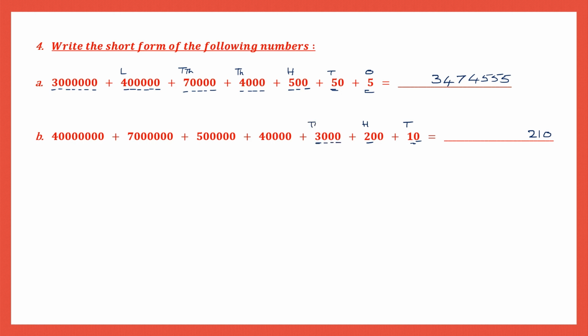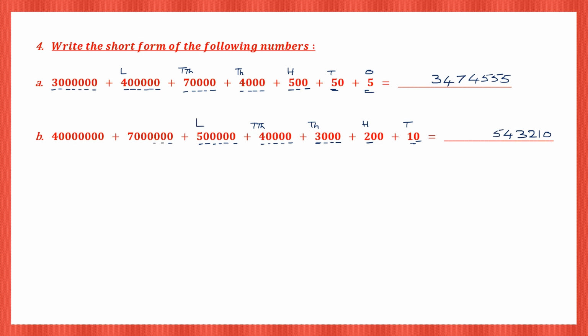In the thousands place, what do we have? We have 3. Ones, tens, hundreds, thousands, 10,000. So this is 10,000. We have 4. Then ones, tens, hundreds, thousands, 10,000s, lakh. In the lakhs place, we have 5.